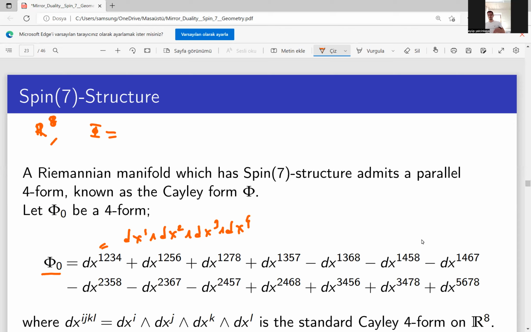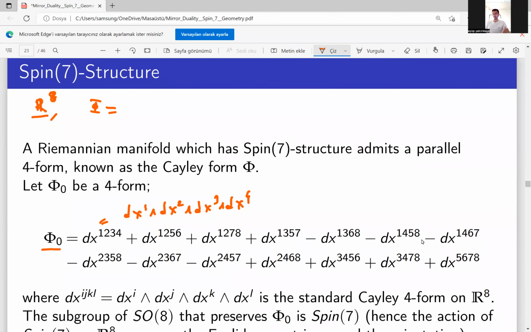But we wonder, can we find the corresponding element for this Spin(7) structure for any arbitrary 8-dimensional object? Because we talked about before, R^8 is very simple, and you can define the 4-form directly, but we want to generalize this information to an arbitrary 8-dimensional object, because life is not so simple.